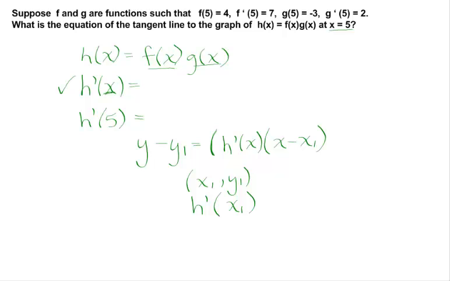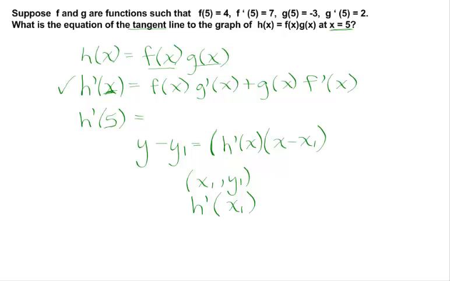So using the product rule, it is 1 d2 plus 2 d1. Now I know that they want the derivative at the point of tangency. I know it's a point of tangency because I'm dealing with a tangent line.